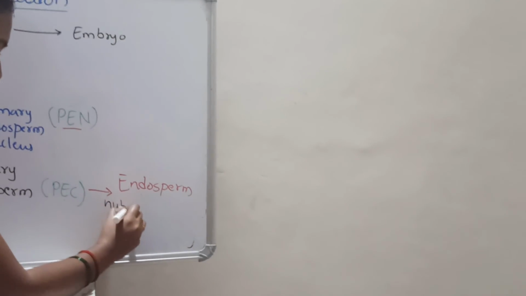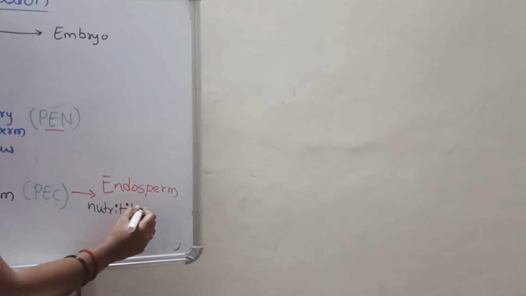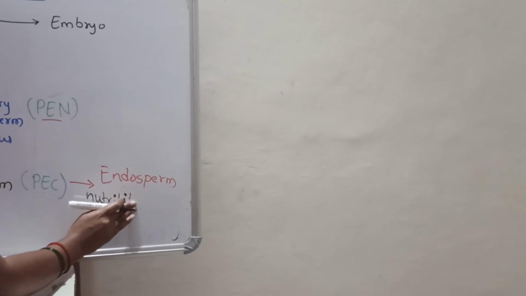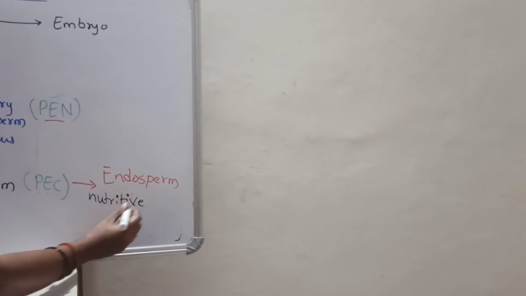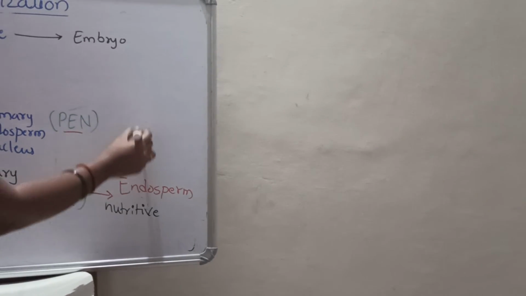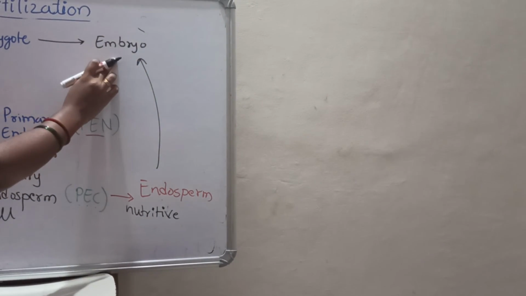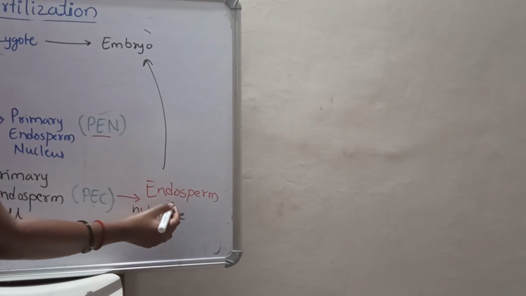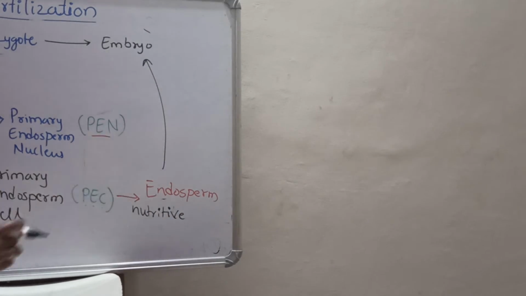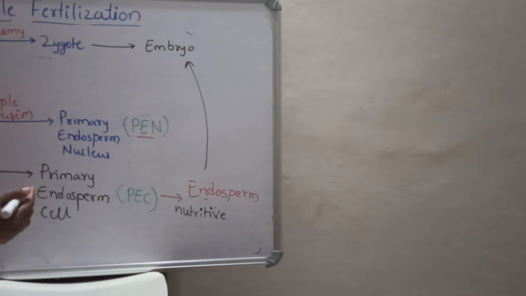It is the nutritive tissue, and it helps the developing embryo. The developing embryo is nourished by the endosperm.